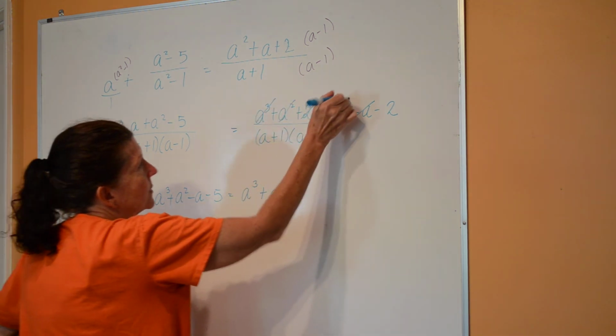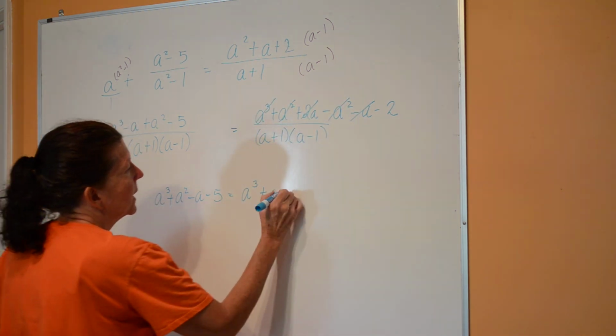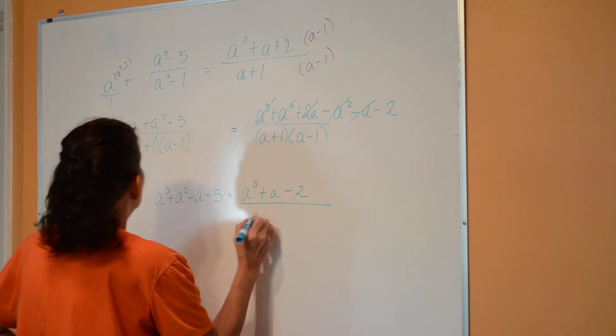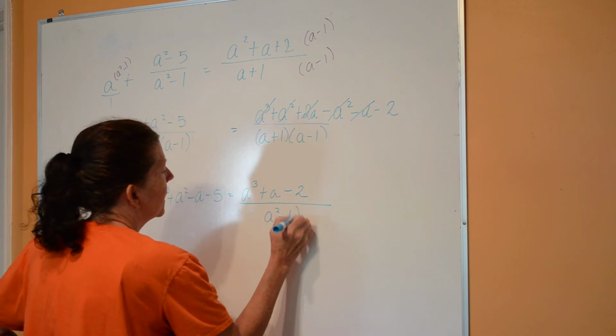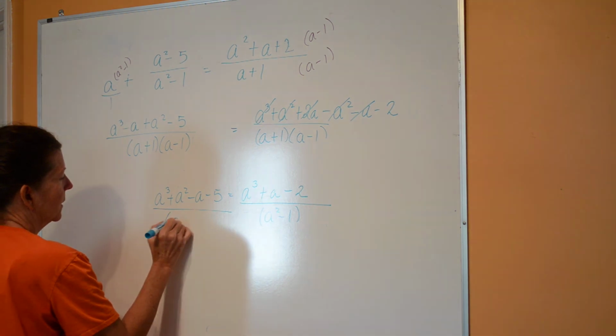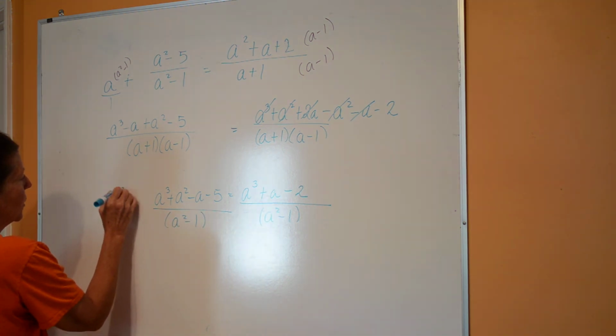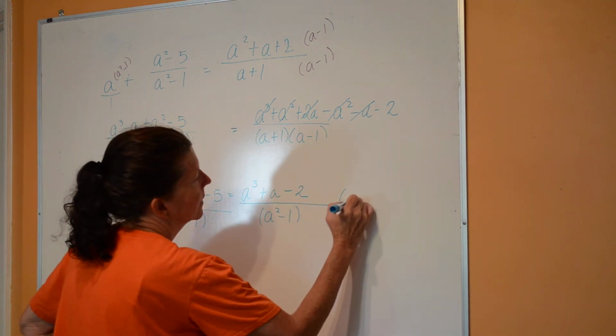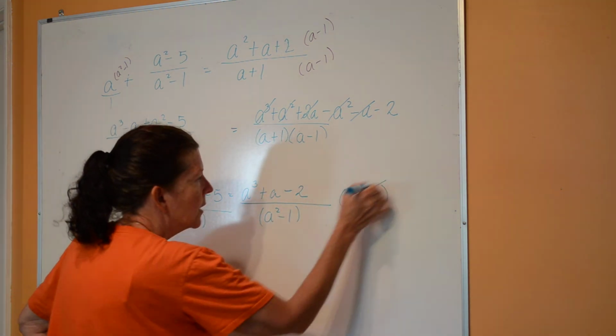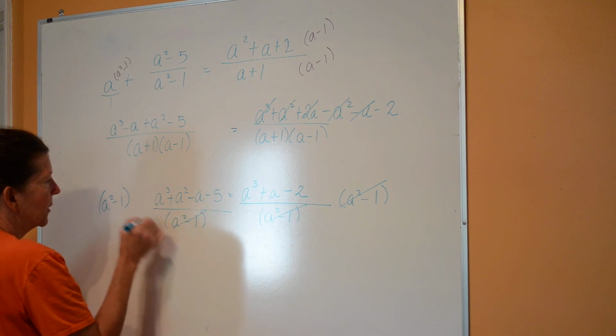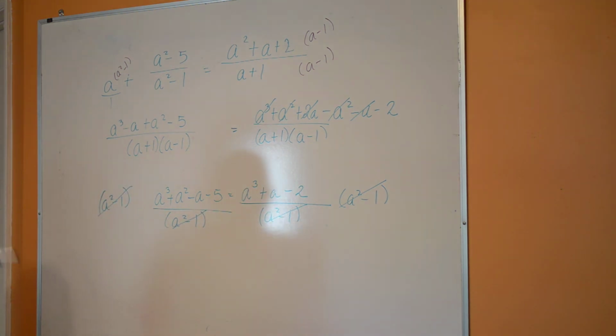The A squareds go away because one's positive and one's negative, minus 2. And they're both over top of A squared minus 1. If I multiply both sides by A squared minus 1, that becomes 1, so the bottom goes away, and that becomes 1, so the bottom goes away.